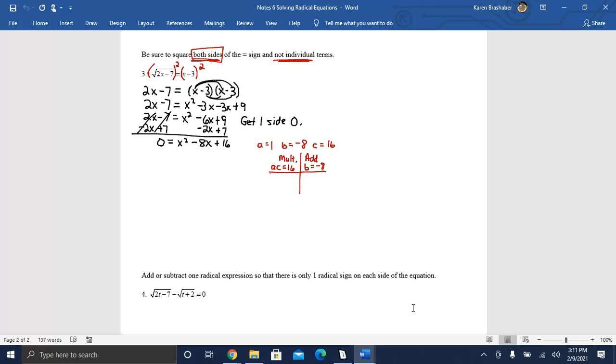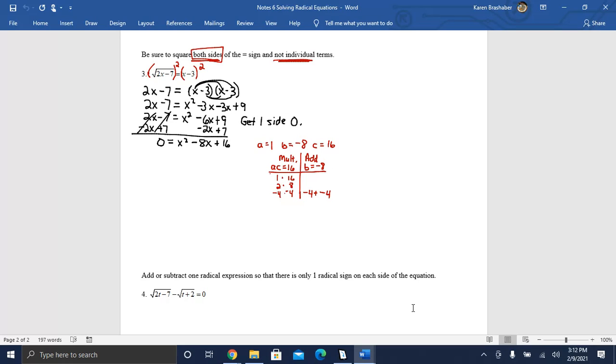So, you can make your list of multipliers to 16: 1 and 16, 2 and 8, 4 and 4. And out of those, to get +16 but -8, we would need both our 4's to be the same sign. So negative 4 times negative 4 will give me positive 16, and negative 4 plus negative 4 will give me negative 8.